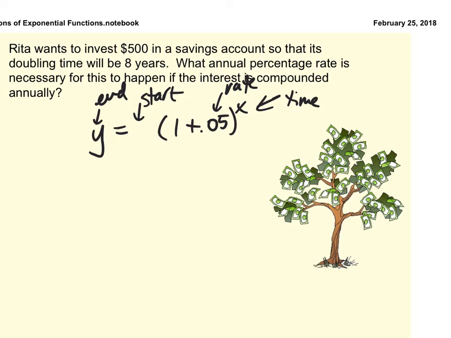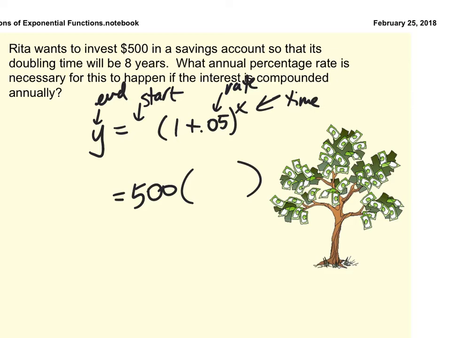Okay, so let's put in the stuff we know. She wants to put $500 in. What does that sound like? Starting, ending, rate, or time? Probably the start. Does it say how much there will be at the end? It doesn't specifically say it, but think about it.